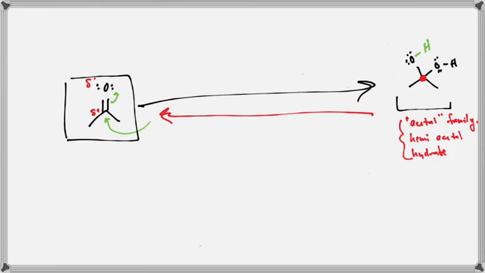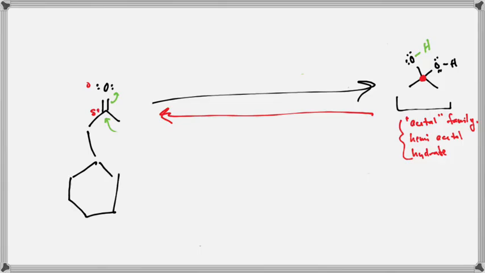So for instance, if we looked at a larger structure here, and we drew extra stuff. I don't know what extra stuff. Let's just draw some stuff. That was probably a bad thing to attach, but whatever. More stuff.